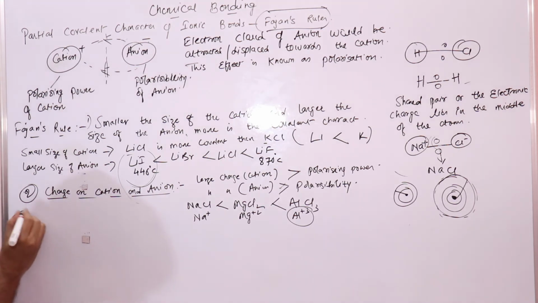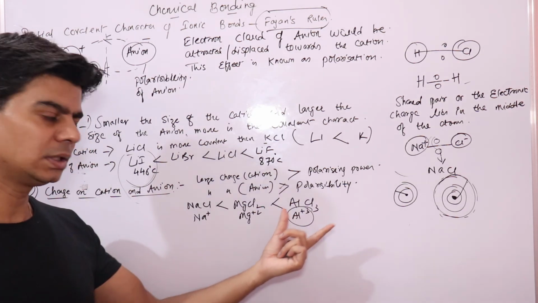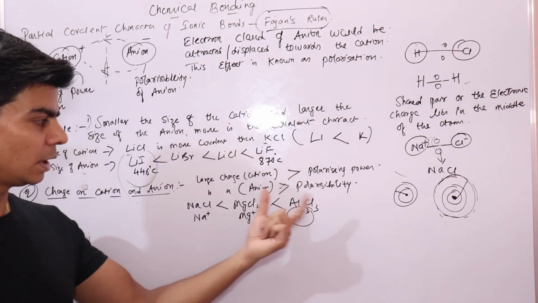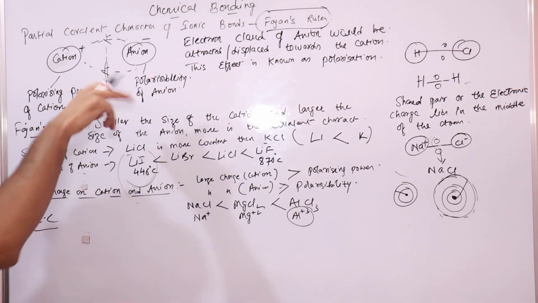The third rule is electronic configuration. Let's see how electronic configuration determines the polarization.